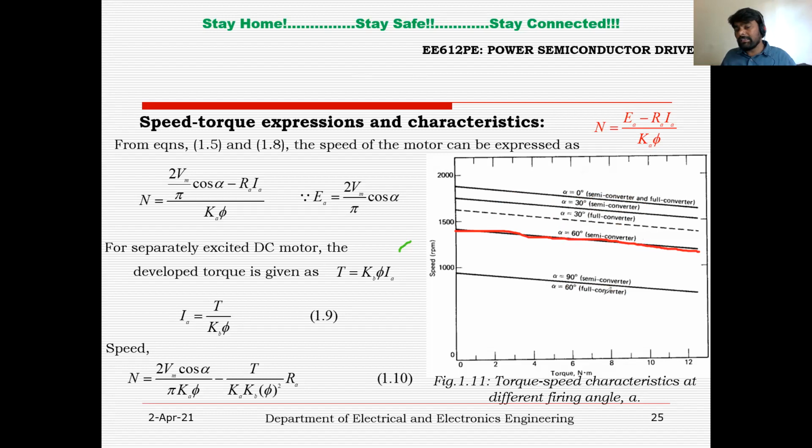Similarly, at alpha equal 90 degrees, the semi-controlled converter will have some value, but in case of the fully controlled converter, you will get 0, because it is Vm by pi into cos alpha, and cos 90 is 0. So the whole factor will be 0. The terminal voltage will be 0, and there is no speed, right? So this is the overall conclusion about the speed-torque characteristics at different values of firing angle like alpha equals 0, 30, 60, 90, and so on, right?